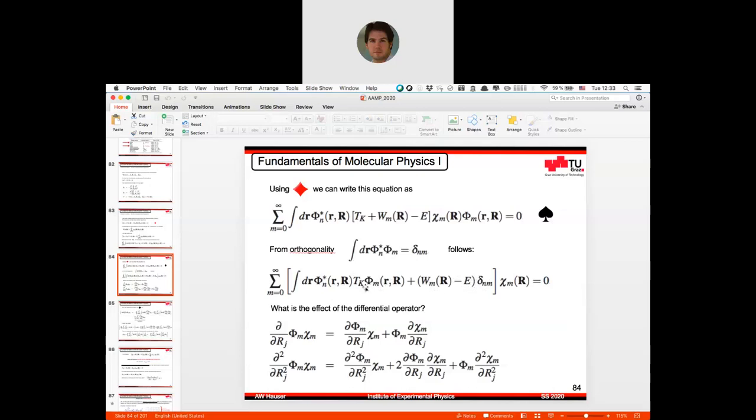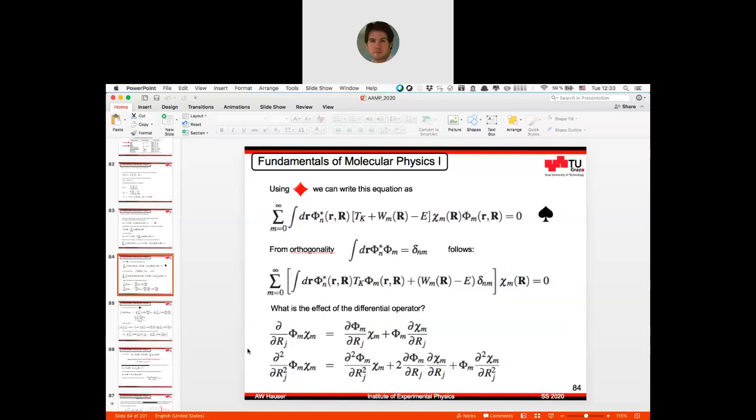Now, the next step is to evaluate the T_K operator. What is it? It's the second derivative of a product which consists of the phi m and a chi m of R, right? So this is how it looks. And the second derivative, so we take the first derivative using the product rule.